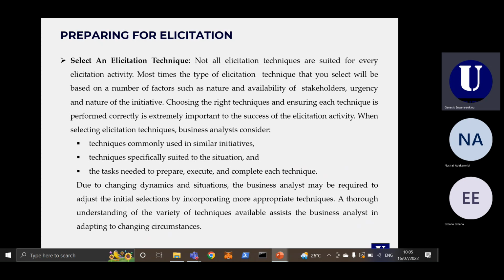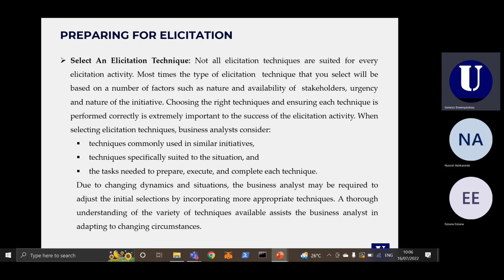You have to use a workshop. Most times, the technique that you select will be based on a number of factors, such as the nature and availability of your stakeholders, and the urgency and the nature of the initiative. And choosing the right techniques and ensuring each technique is performed correctly is extremely important to the success of the elicitation activity.